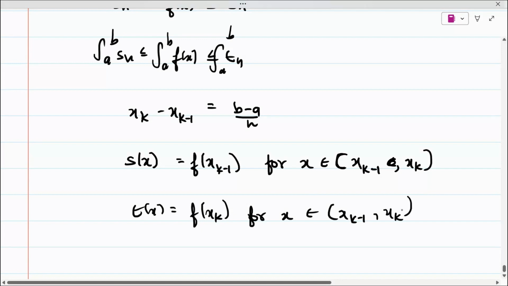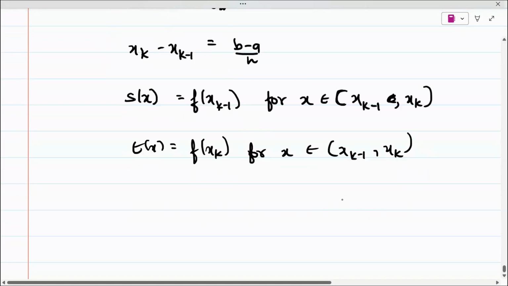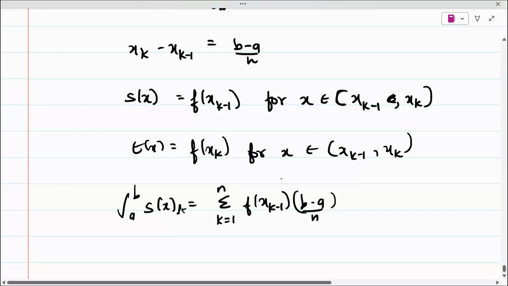Okay, so we have all our definitions. Then, since this is a step function, this is equal to sigma k equals 1 to n of (k minus 1), and difference x_k minus x_{k-1} by n.